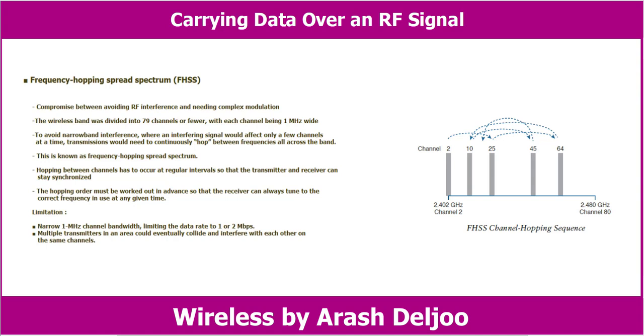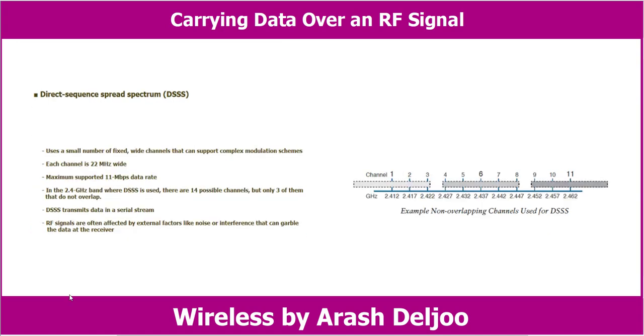About DSSS, direct sequence spread spectrum uses a small number of fixed wide channels that can support complex modulation schemes and somewhat scalable data rates. Each channel is 22 MHz wide, a much wider bandwidth compared with the maximum supported 11 megabit per second data rate, but wide enough to augment the data by spreading it out and making it more resilient to disruption.